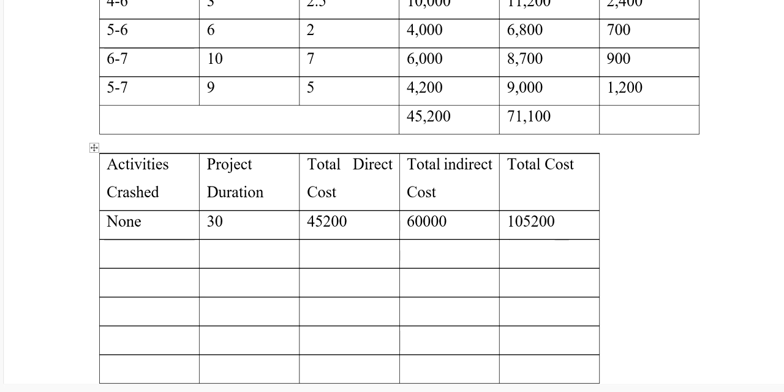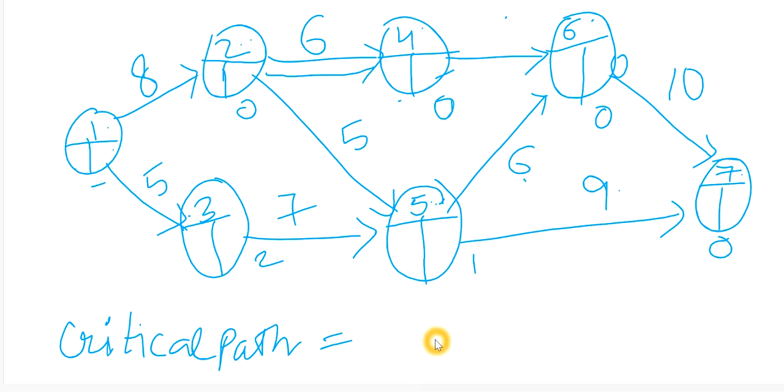So now we are moving forward with the second network, where I have crashed 2 to 4 and changed this time from 9 to 6, from normal time to crash time. Again I'm going to follow the same rules.